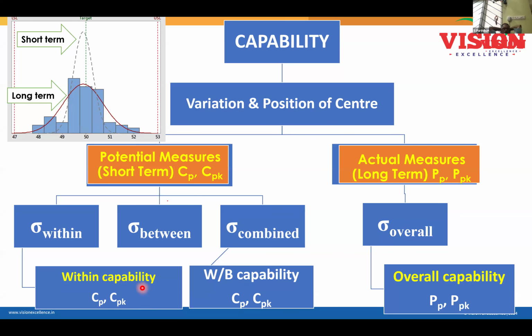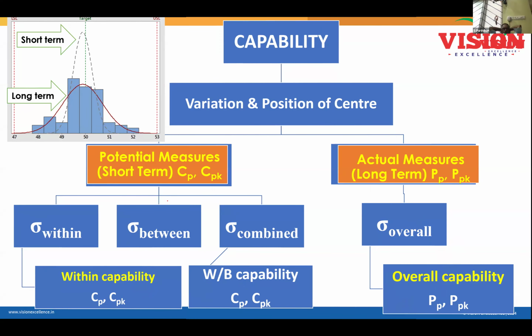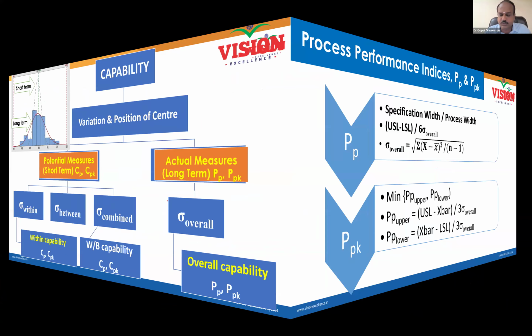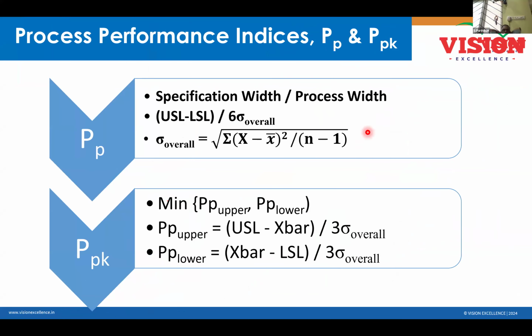Right? So now we will make an attempt to understand within capability and overall capability. Within capability is what is normally called Cp, Cpk. The overall capability is what is normally called Pp, Ppk. We'll understand that with a case study. And I'm showing you the formula. Formula wise, they're all same. The difference lies in the standard deviation.